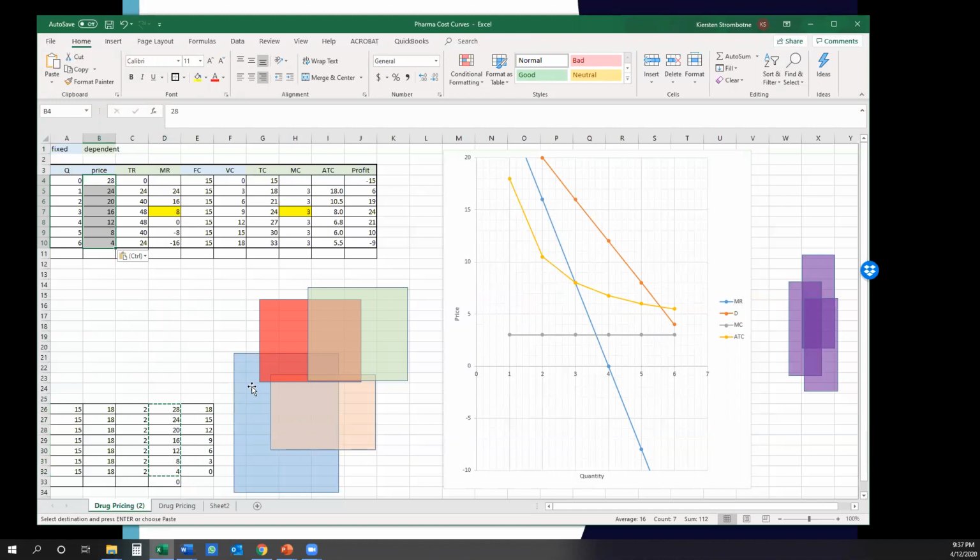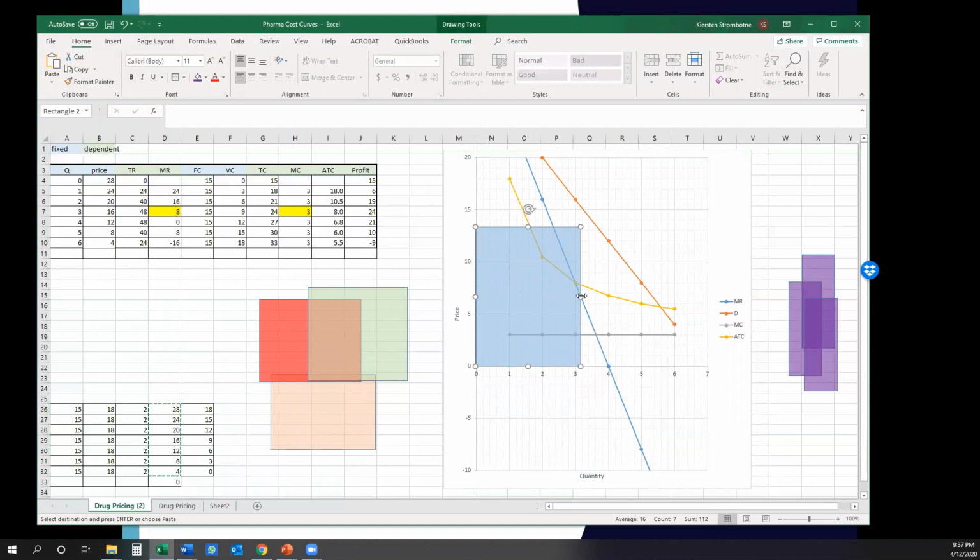So what happened when my demand became more inelastic? Well, first thing that happened is I'm producing more. Marginal revenue equals marginal cost around 3.6. And then we price all the way up to the demand curve. So here's our production decision.